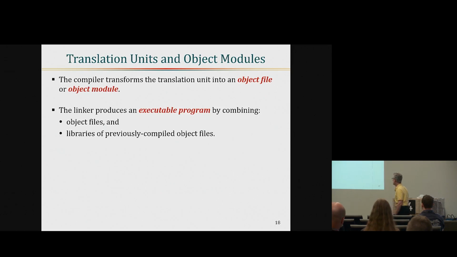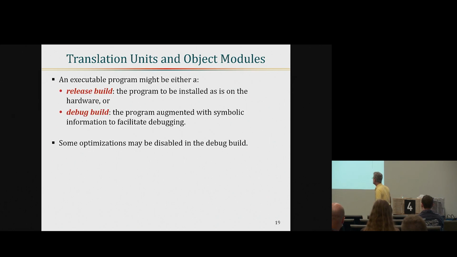So with that little recap, there's one other thing I want to talk about, which is that the compiler transforms each translation unit into an object file, also known as an object module. Then it takes a collection of object files, along with possibly previously compiled object files, maybe in the form of libraries, links them together and produces an executable.